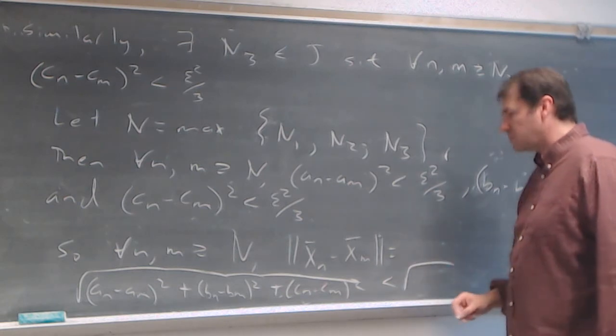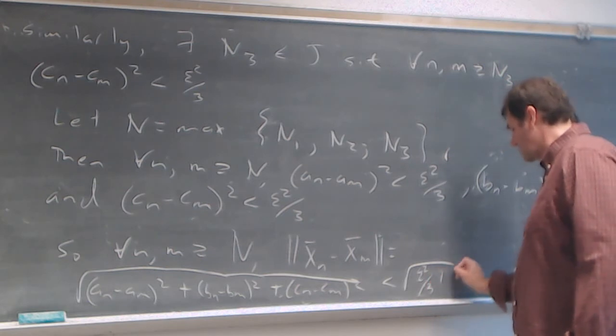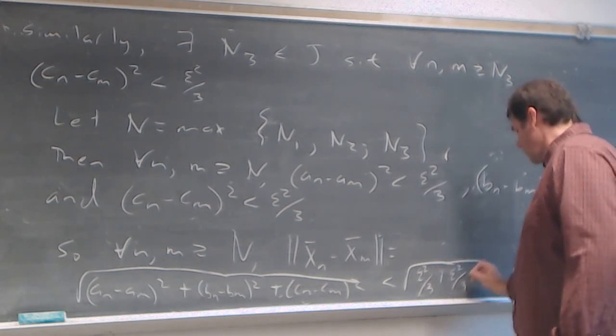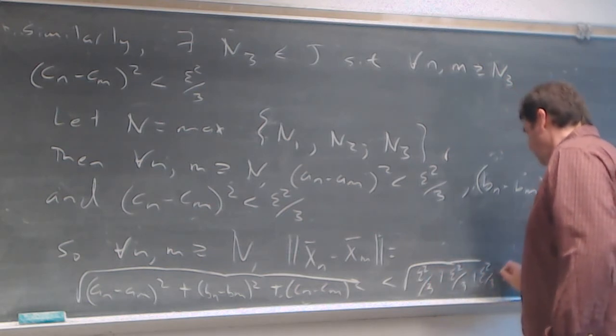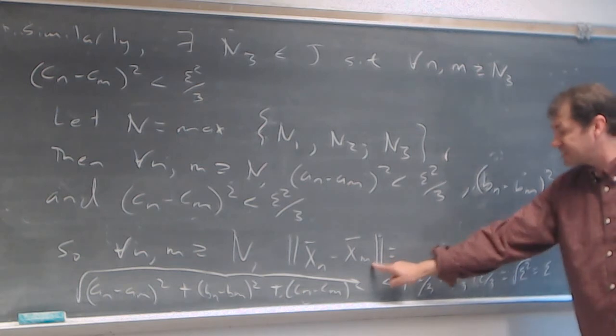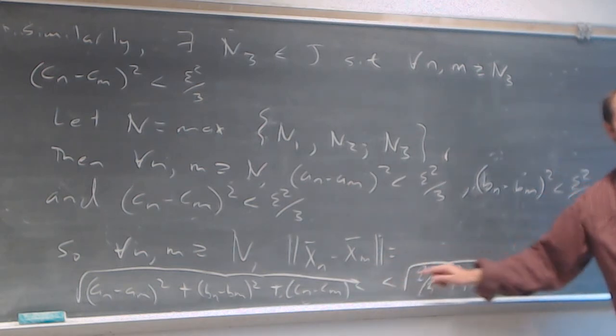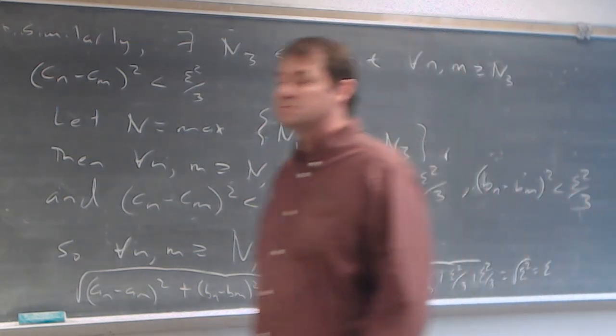It's the square root of, what do I put? Epsilon squared over 3 plus epsilon squared over 3 plus epsilon squared over 3, which equals the square root of epsilon squared, which equals epsilon. Now we want to show this was less than epsilon, and it is, because here's our less than. Is that okay? And that's the proof.